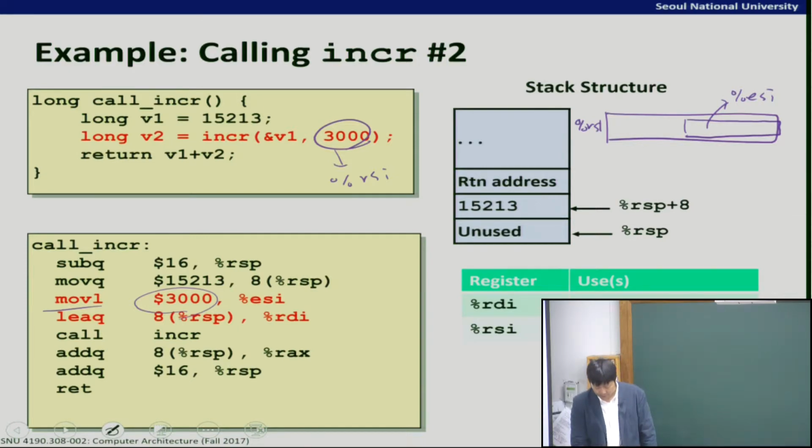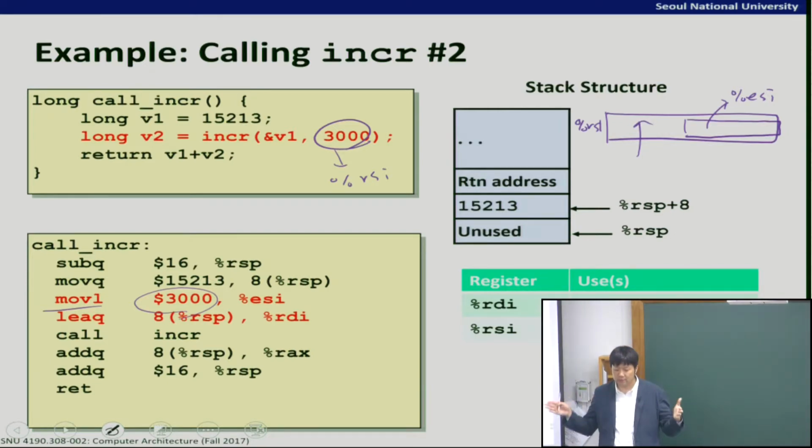But if you execute this move instruction, the upper 32 bits are automatically set to 0. So even with a 32-bit move, the upper 32 bits are set to 0. In fact, you just store the constant 3000 to the entire 64-bit register. That is what happens.